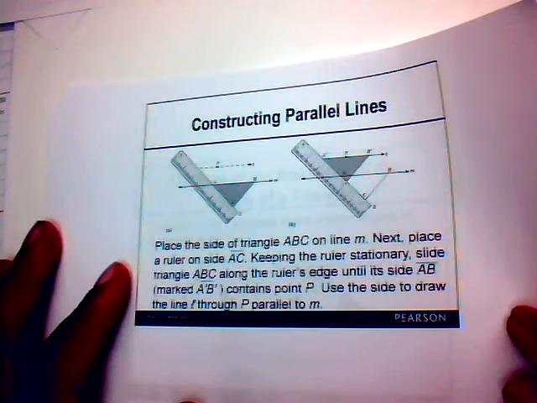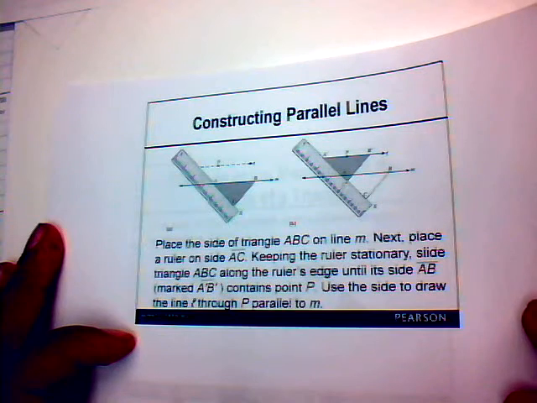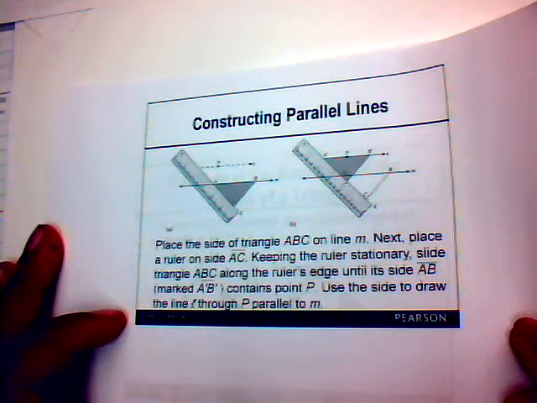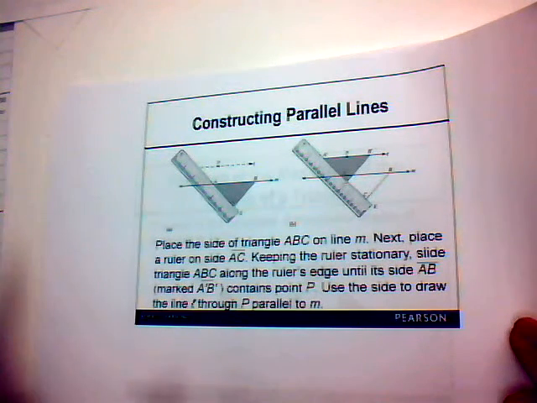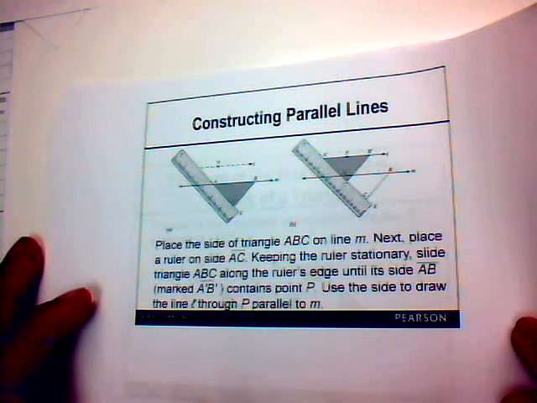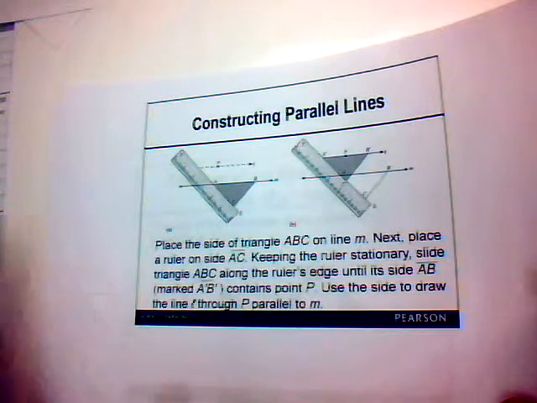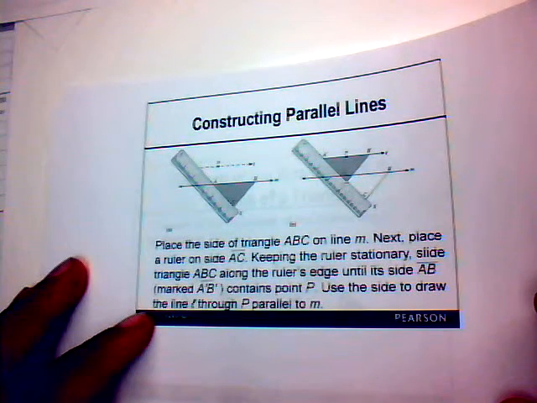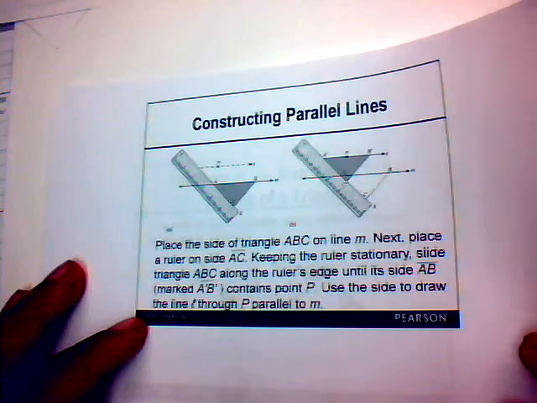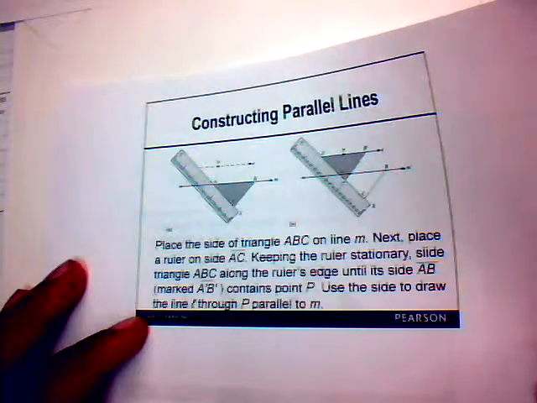But if you were to construct parallel lines, what you'll have to do is place the side of the triangle ABC on line M, and then use a ruler on the same side of line segment AC, keeping the ruler stationary, and then slide ABC, which is your triangle, along the edge of that ruler until its side AB, which will be marked A prime, B prime, contains P. And then you'll draw that line L through P parallel to M.